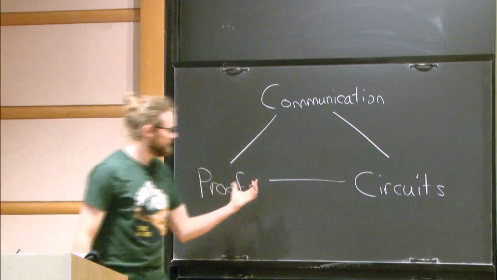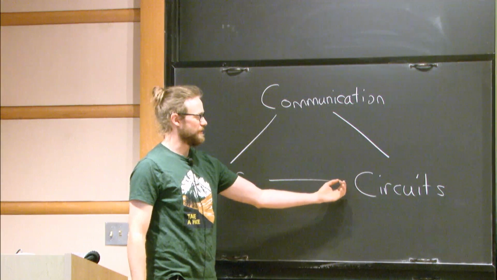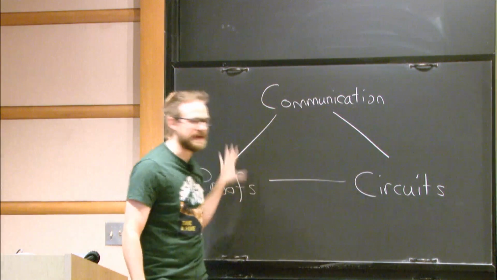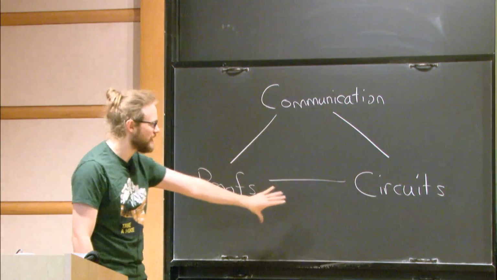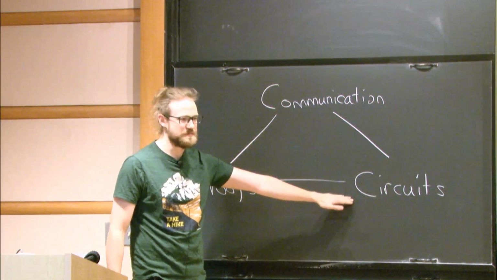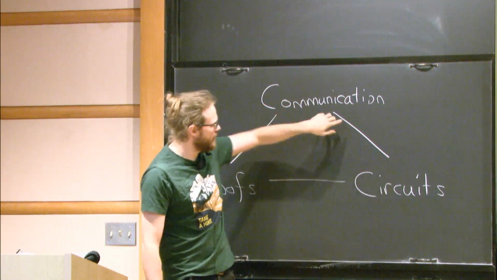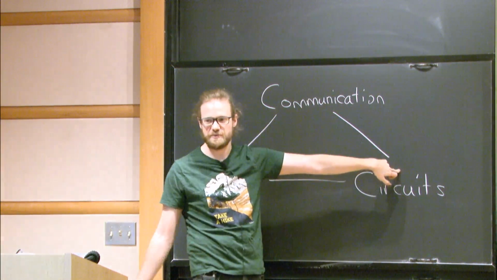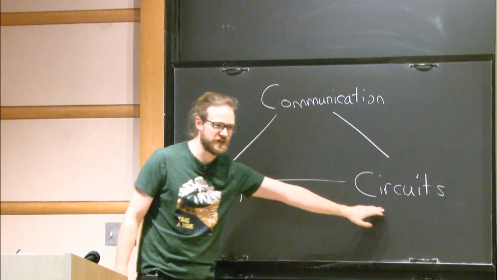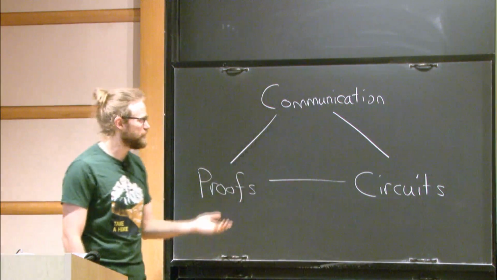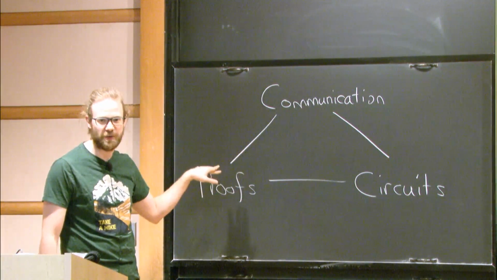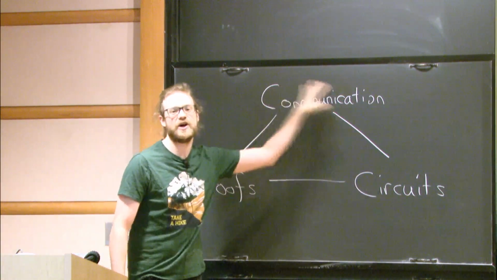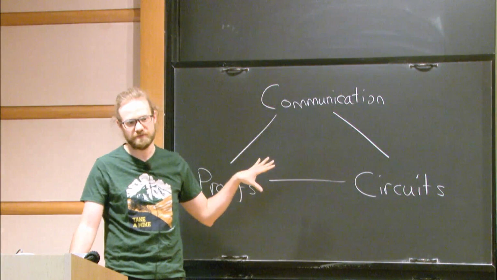Because we have a pretty broad audience, I'll tell you what I mean by each of these individual objects over the course of this talk. But let me just say it for people who are familiar. There are long-standing connections between communication and circuits with these Karchmer-Wigderson games, and between proofs and circuits with feasible interpolation. And it turns out that there's actually a nice generic way, which I think has only been elucidated recently, that shows that all of these 3 objects are actually equivalent. OK?